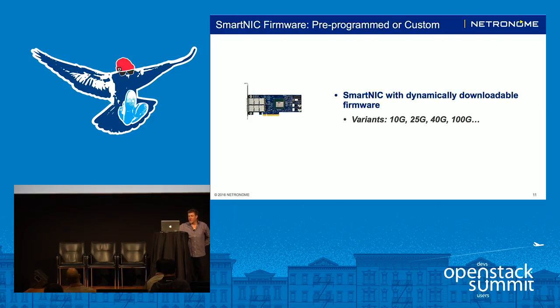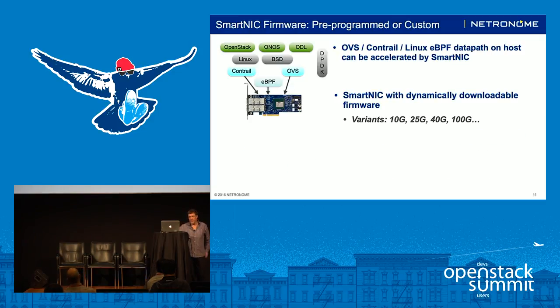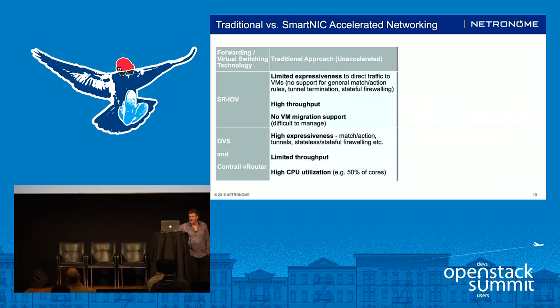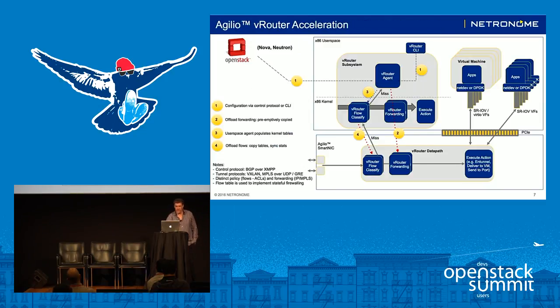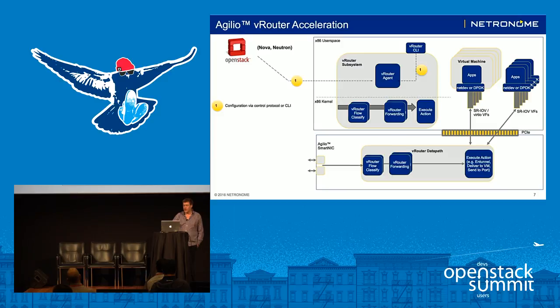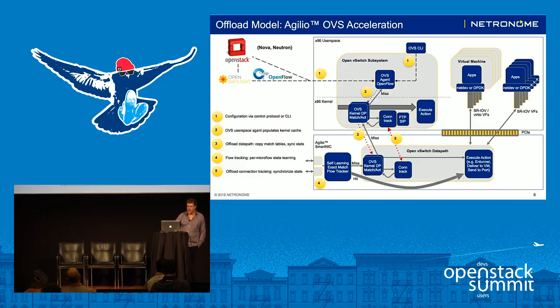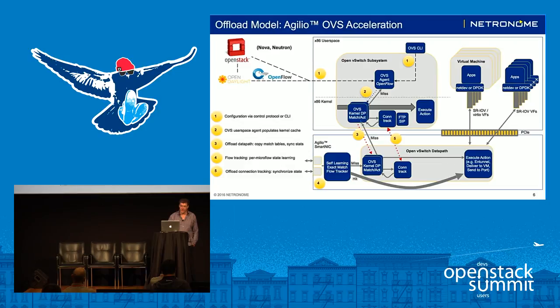Yes, so basically, normally the Open vSwitch or vRouter would run on the x86, and it would have a user space component talking with the cloud management system, and it would have a kernel component focusing more on packet forwarding.